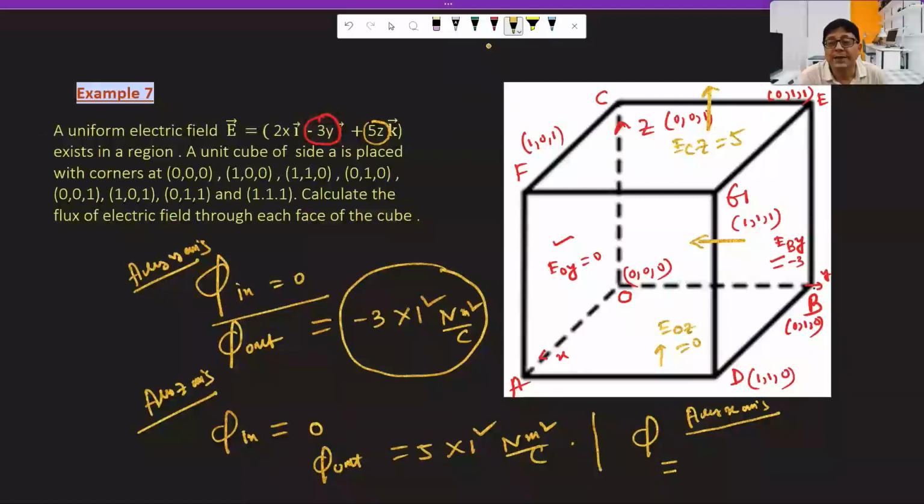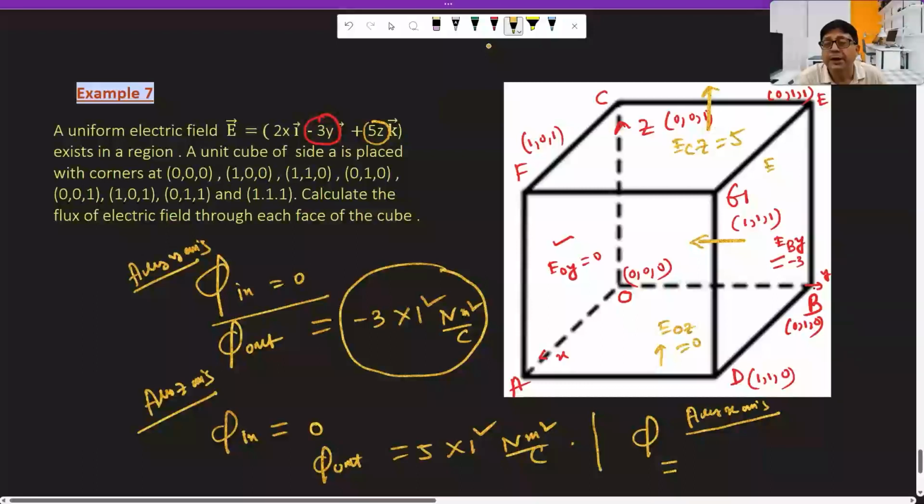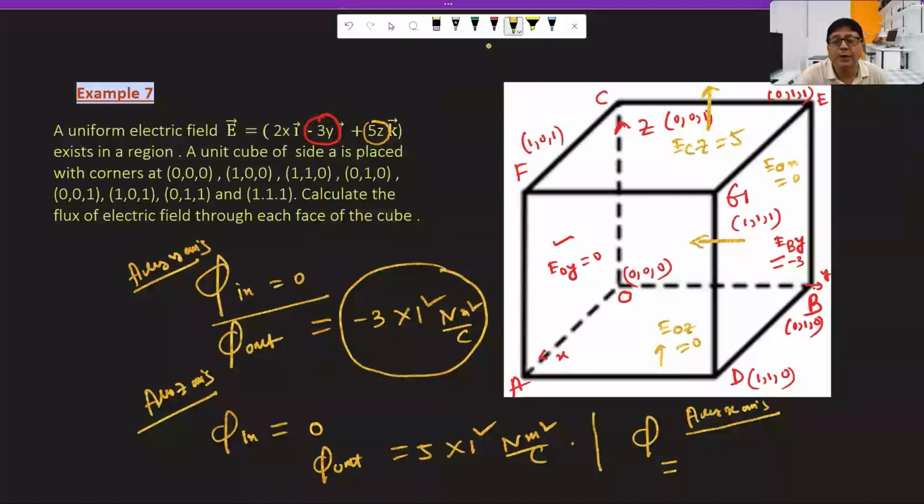So x-axis means this way. On the face OBEC, electric field along x-axis is 0. And on this face FGDA, the electric field EAX equal to what? That is 2x. 2 into 1, that is 2.